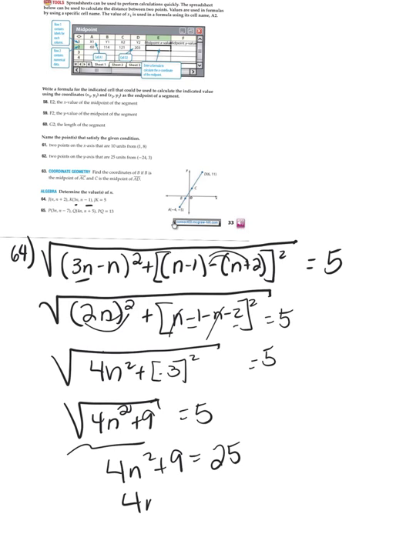Subtract my 9. Let's divide each side by 4. I'm going to come over here, and then I'm going to take the square root of each side. Now I've got to look and see if plus or minus 2 will fit with both of them, or if I just need to get my plus 2 either way. Let's see here.